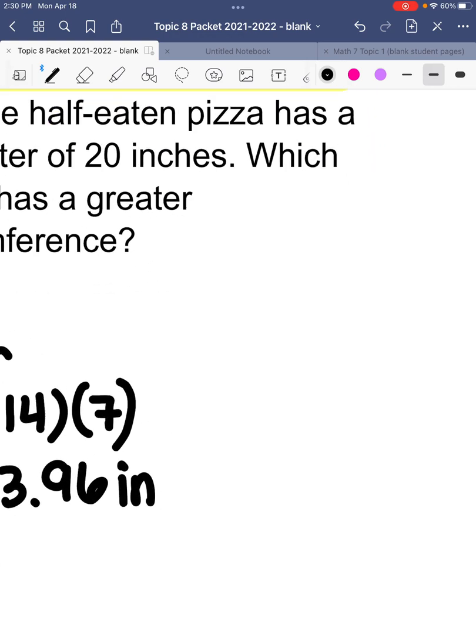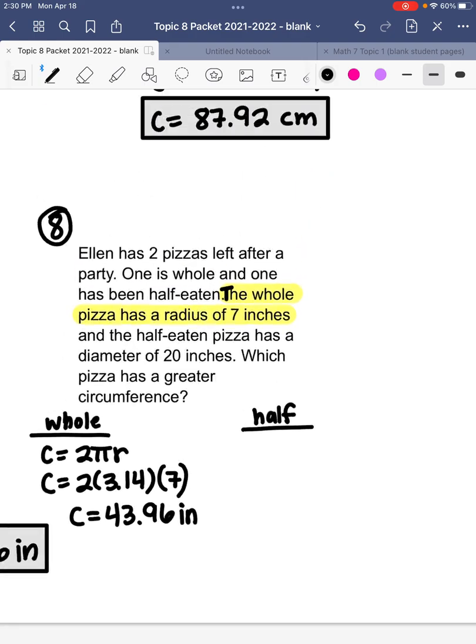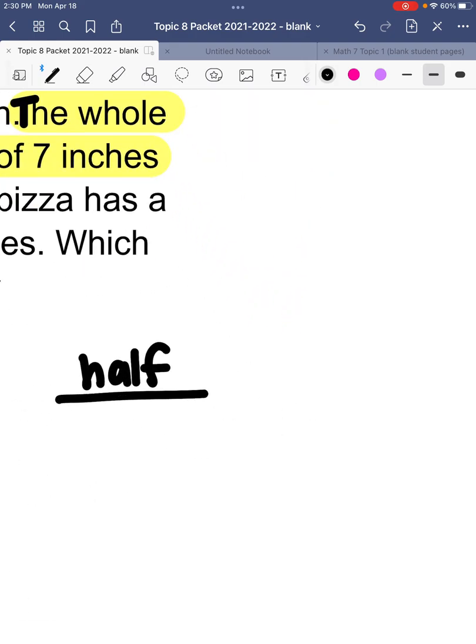Now let's talk about the half-eaten pizza. A half-eaten pizza would look like half of a circle, right? It's a semicircle. So I've got to figure out what is the circumference of this one. I'm going to talk about this in just a minute, but basically I'm going to take my circumference and divide it by 2, but I've got to add the diameter.